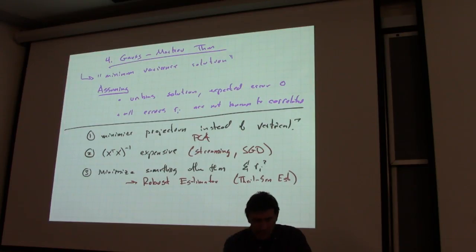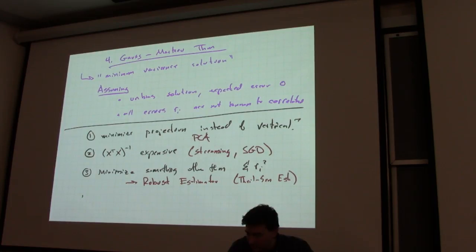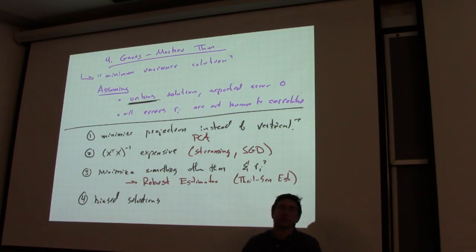And then the fourth thing we'll talk about, some in this lecture, and then we'll come back to it maybe after fall break, will be to look at some biased solutions. Remember that this was the optimal, assuming that it's unbiased.